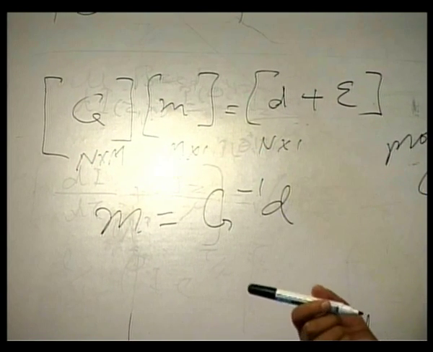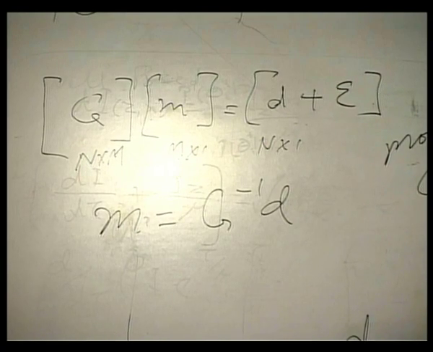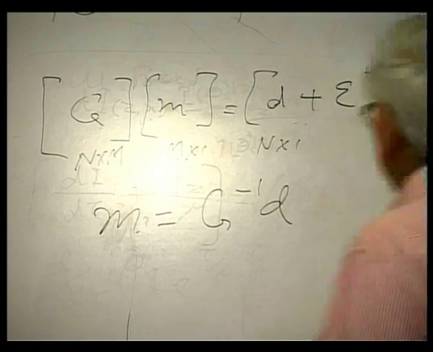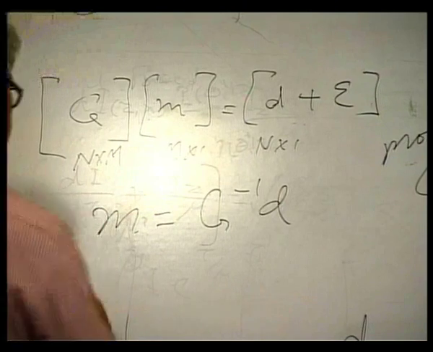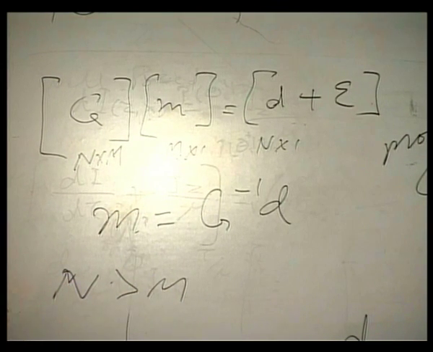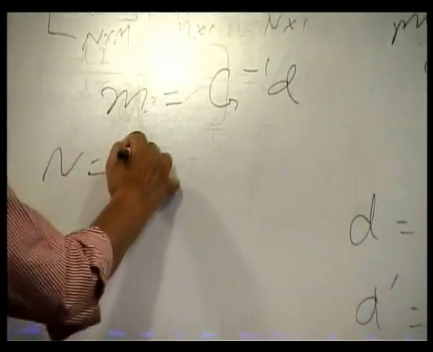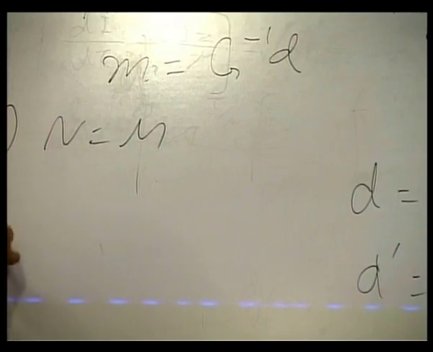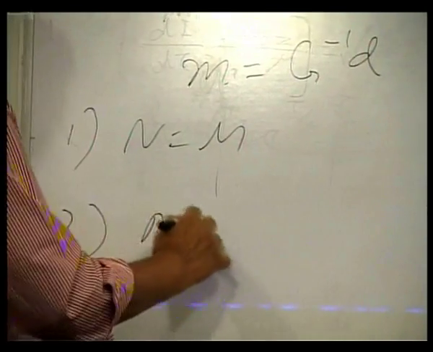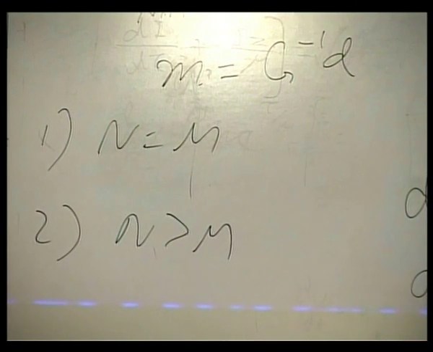So Hadamard's second condition is never satisfied in any inverse problem. So let's say n is greater than m. We have explored this: m equal to n is one, and two is n greater than m. And here you have more data than you have models.